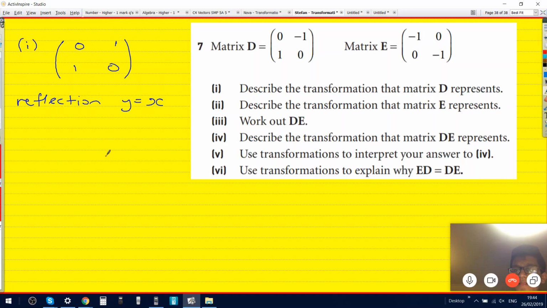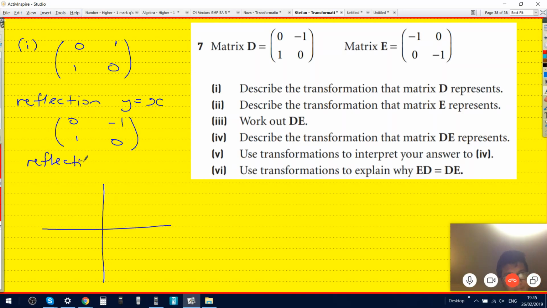And then what? So is it reflect in the y-axis? So the y changed sign from plus to minus? Oh, the y changes. Then reflect in the x-axis. Yes.